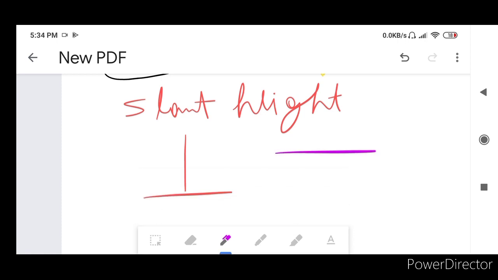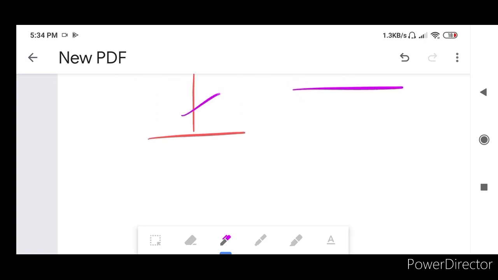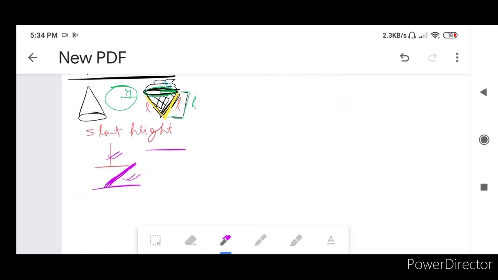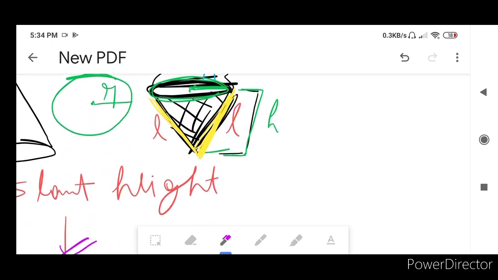Now if I bend this vertical stick a little bit like this, it becomes a slant height. Clear? So look here, how do we find the slant height?